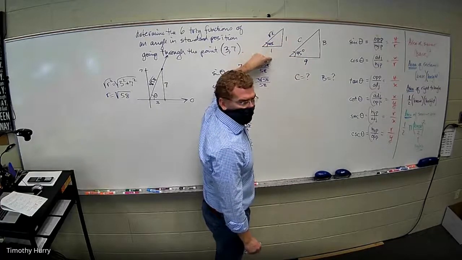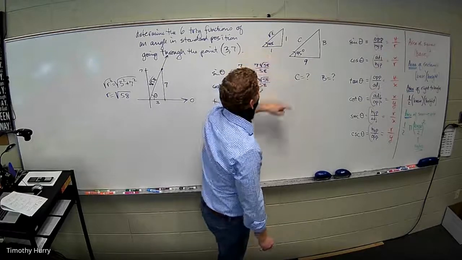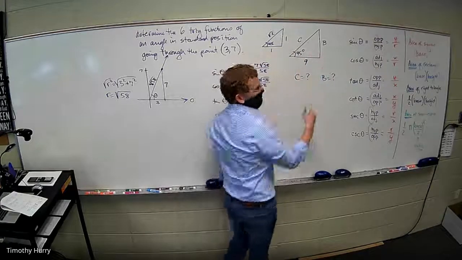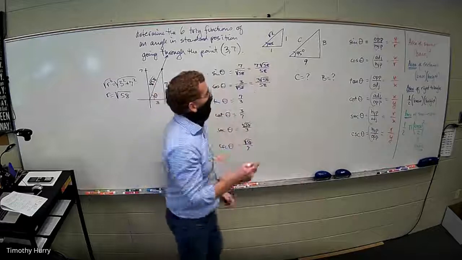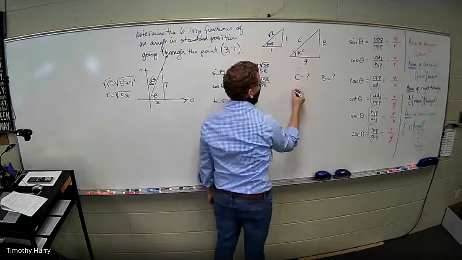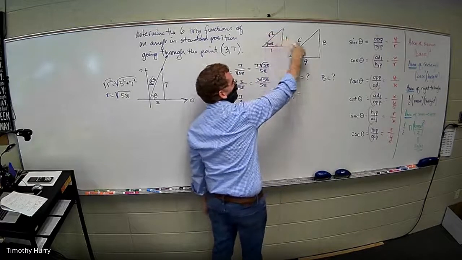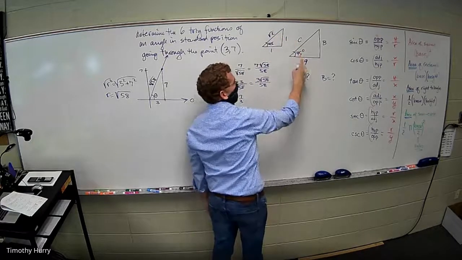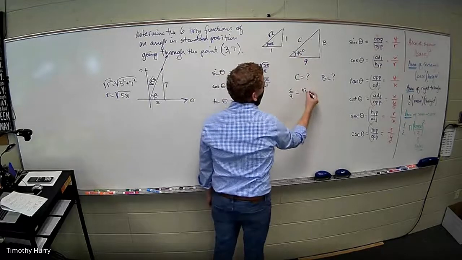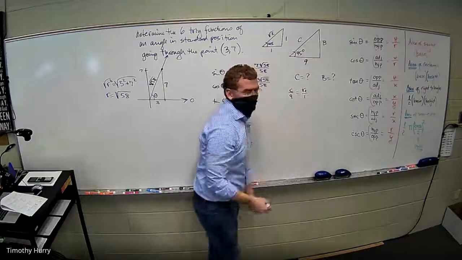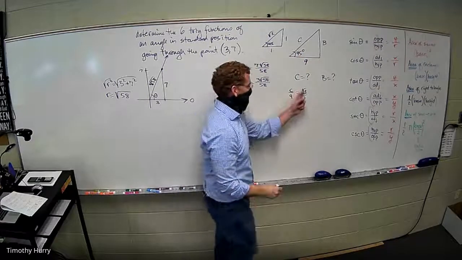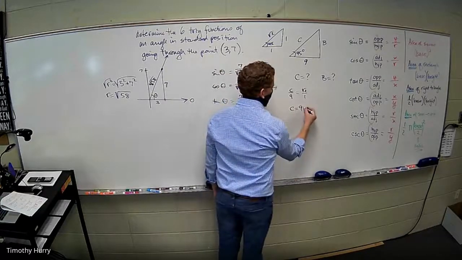Root 2 over 1. So to find C, I could say C over B, but that gives me 2 variables. But I can say, hey, that C over 9 is the same as that side, because that's the proportional side, I mean the same side, that root 2 over 1. And then I can just cross multiply or use my slide rule, slide the 9 up there, C equals 9 root 2.